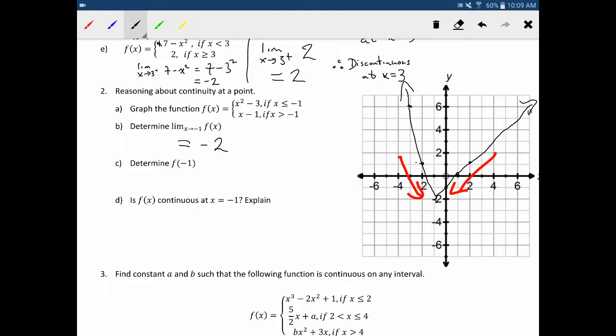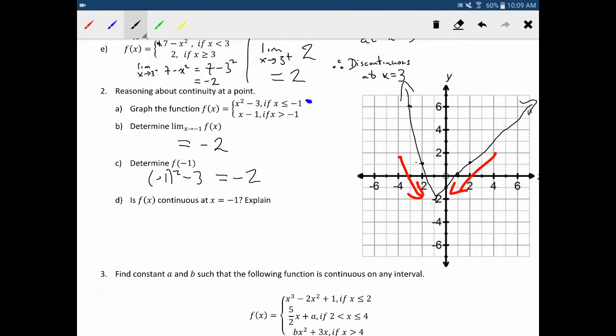Now the function at negative 1. When x equals negative 1, we would be using this one right here, the x squared minus 3. We can just sub in negative 1 squared minus 3, which of course gives us negative 2.